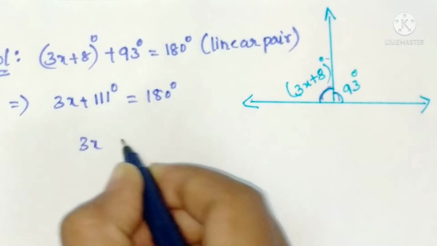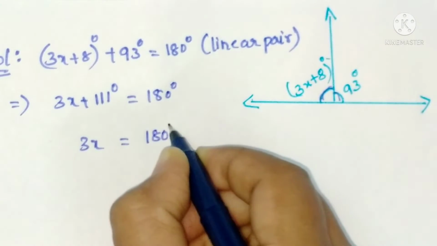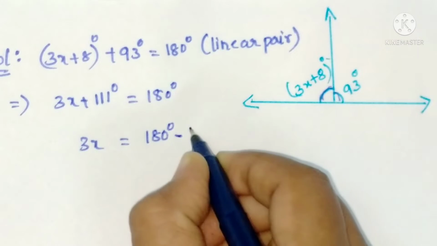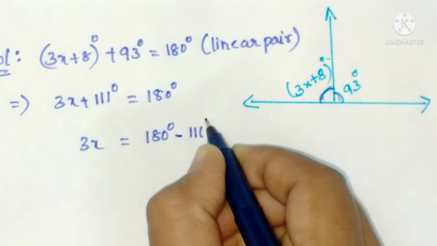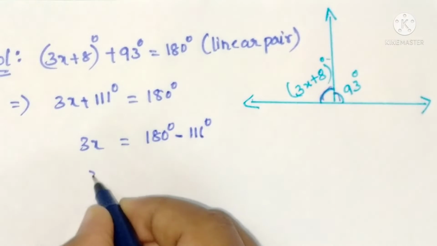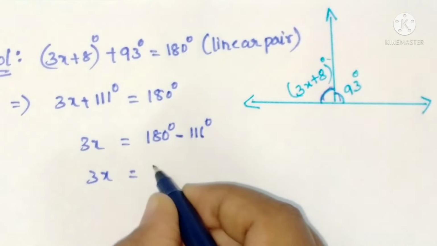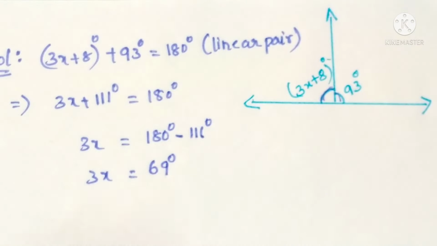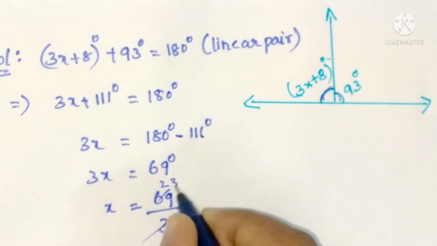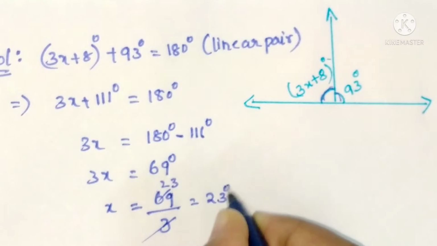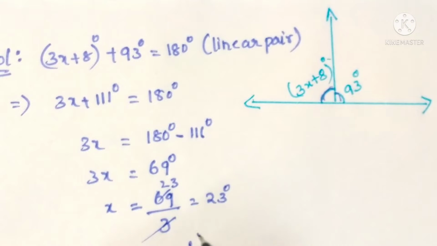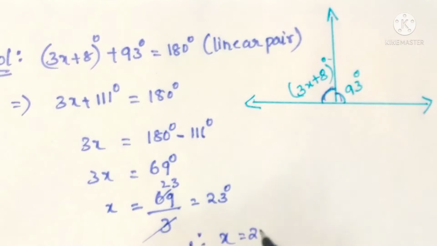After transposing 111 to the RHS, it will be minus. After subtracting, 180 minus 111, we get 69 degrees. So x is equal to 69 by 3, which is 23 degrees.